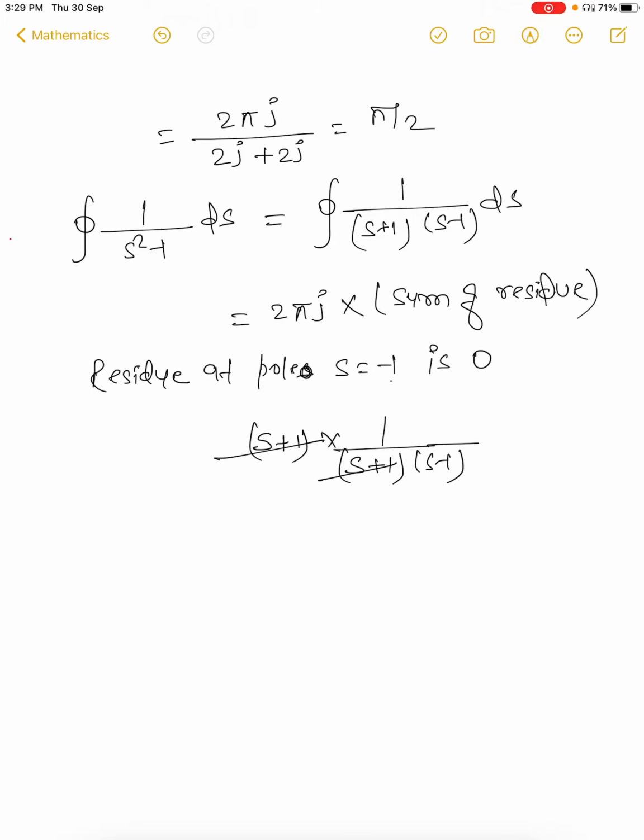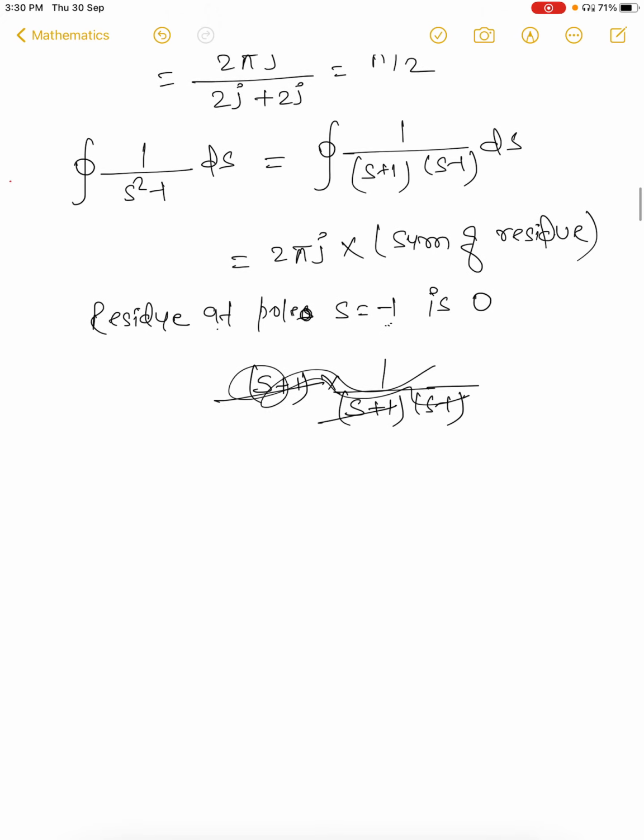This one will cancel out. The residue at the pole s = −1 is 0, because this one is outside of the circle.